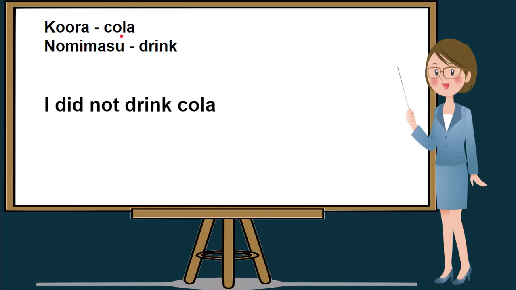Kora means cola in English, and nomimasu means drink in English. So for the first sentence, I did not drink cola. Please translate it in Nihongo. Your 5 seconds starts now.